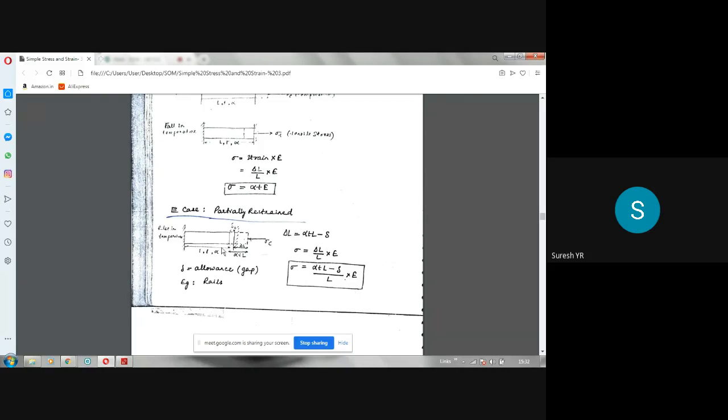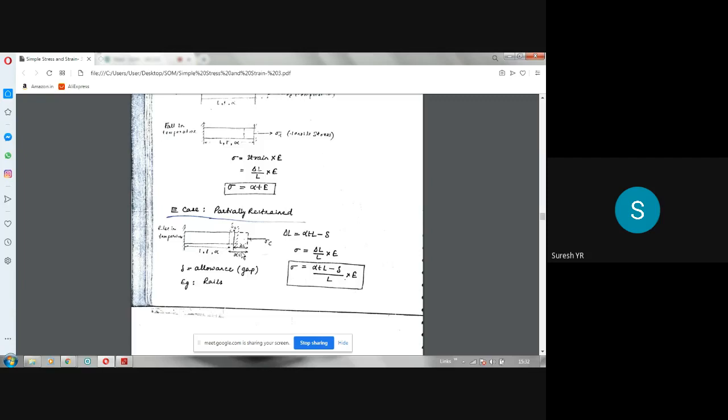In the case of the partially restrained condition, see here what happens when there is a rise in temperature. Once again, I take the case of rising temperature. The initial length is this much, plus delta, the clearance. Then if there is a rise in temperature, a change in length delta L will take place.